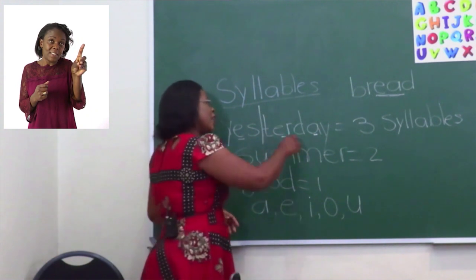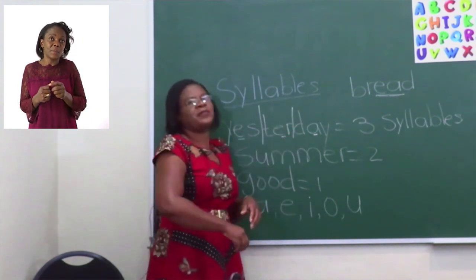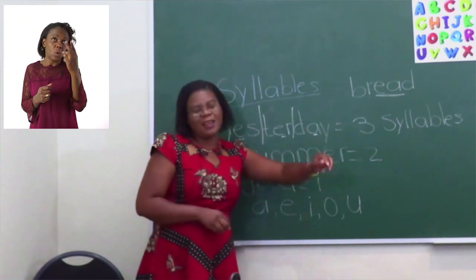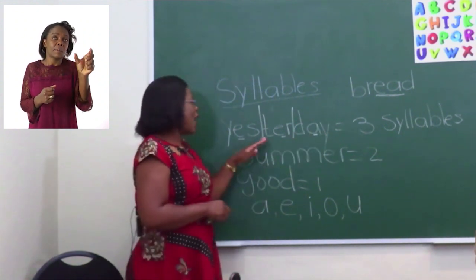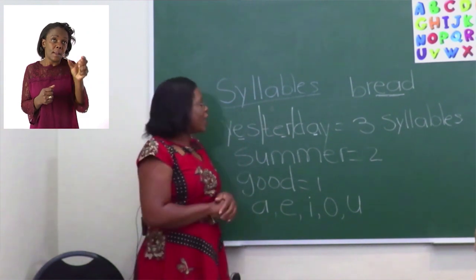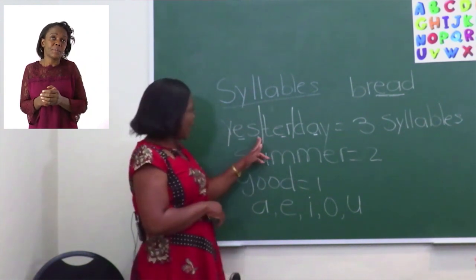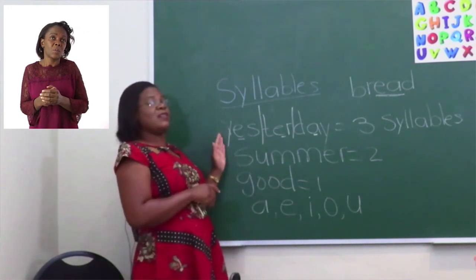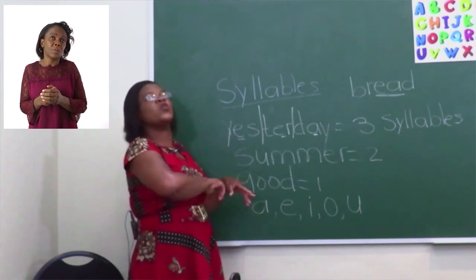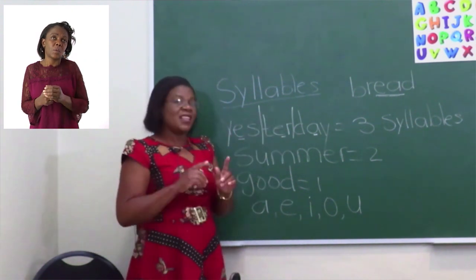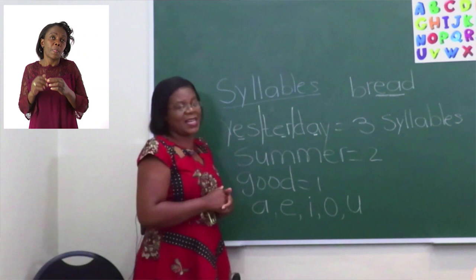They must not come together. Now I have 1, 2, 3. There I am. I'm having my 3 syllables. But if the consonant was only standing alone here, where will it go? It will not remain with the vowel on this side. It will run to the next group. Are we together? These are the rules on how you must cut.